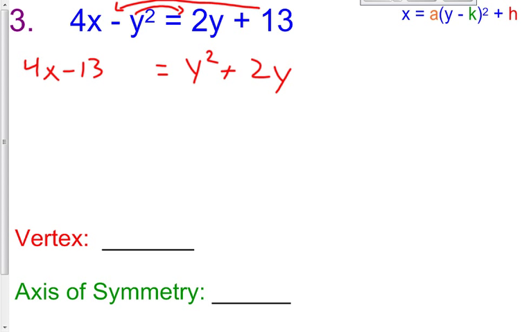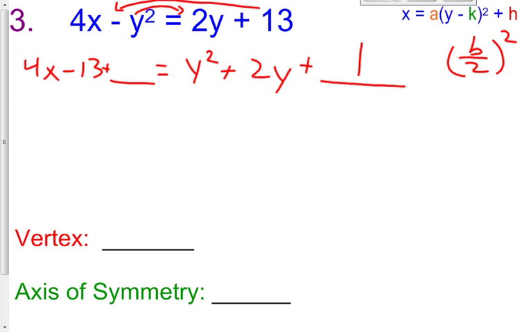So now I'm going to have y squared plus 2y plus a blank. That equals 4x plus 13 plus a blank. So now we're going to complete the square the same way we're used to. We're going to take b divided by 2 and square it to get that blank. So 2 divided by 2 is 1. 1 squared is 1.